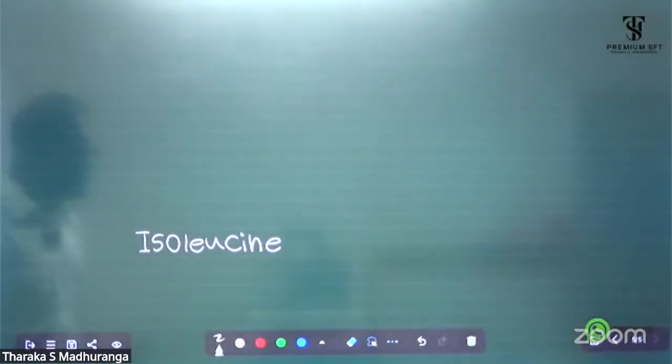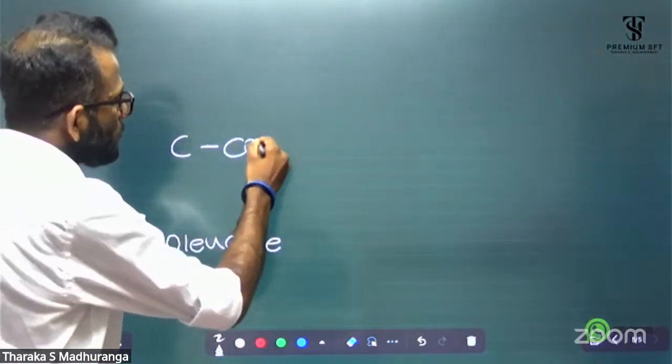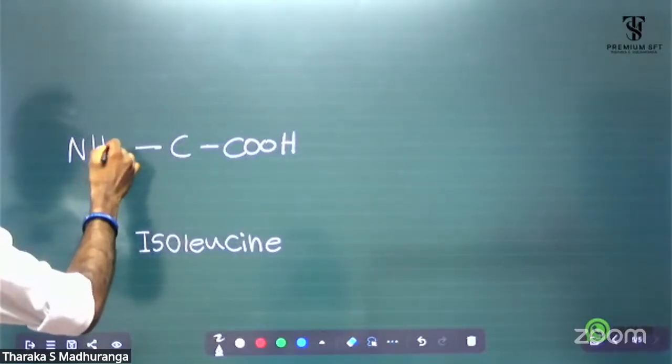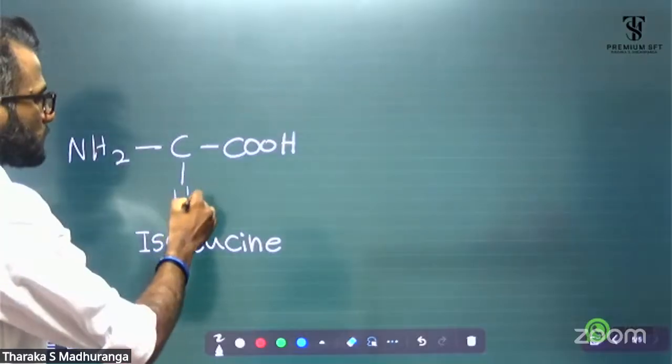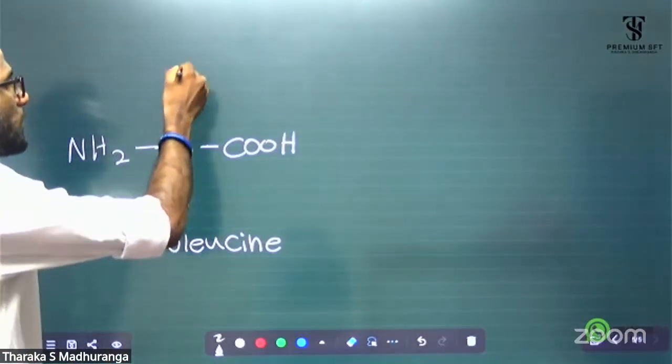Alpha carbon, carboxylic group COOH, amine group NH2, hydrogen. It's a bit complex.